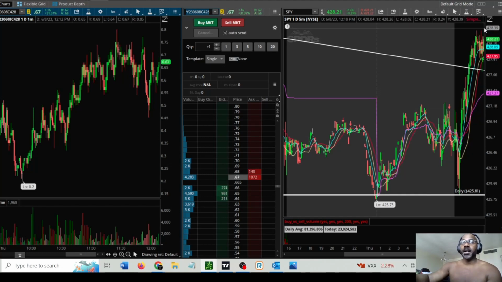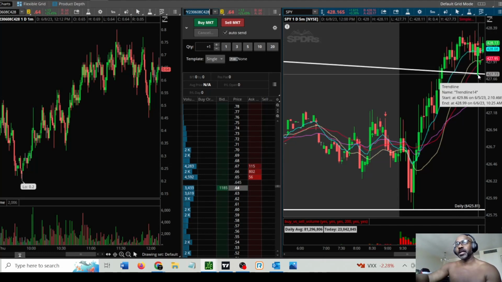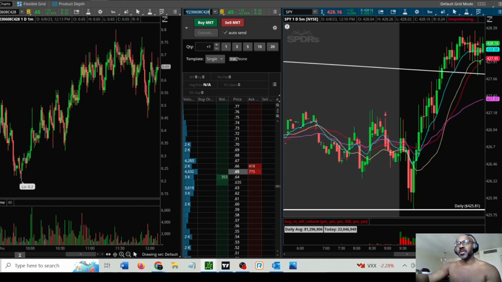And again, I think this is going to push even higher. I think we're making a flag right now. We retested the breakout, which is pretty bullish. So yeah, this is gonna push. And if I had more money in my account, and right here, let's say I made the same mistake with this option here. I sold early.